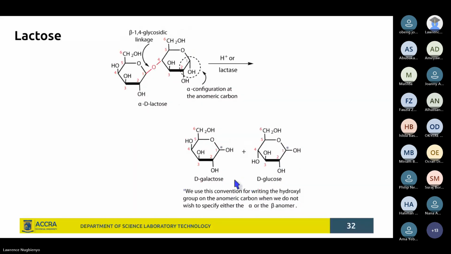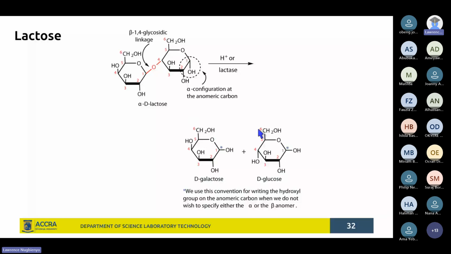Now we move to the last one, which is lactose. And lactose is made up of glucose and galactose. So if you look at it as the reverse of the reaction there, because here it's showing, say, the breakdown.